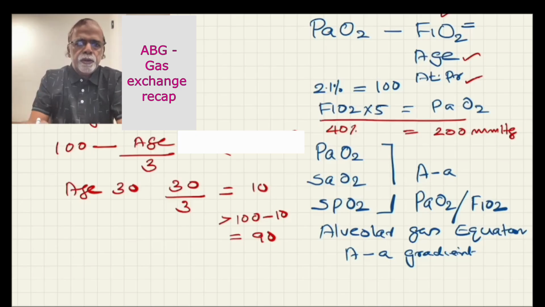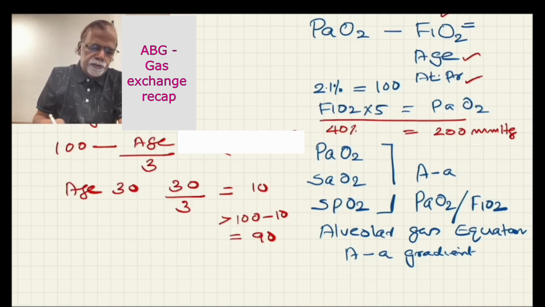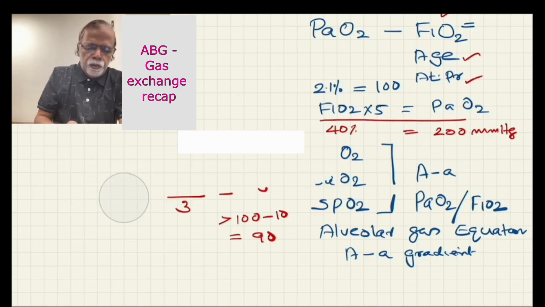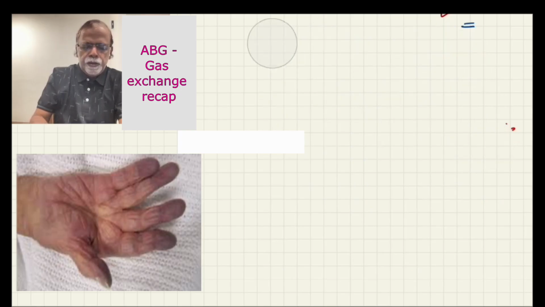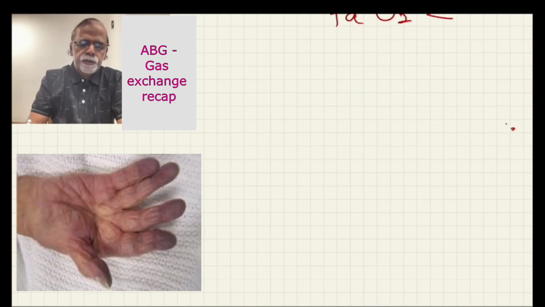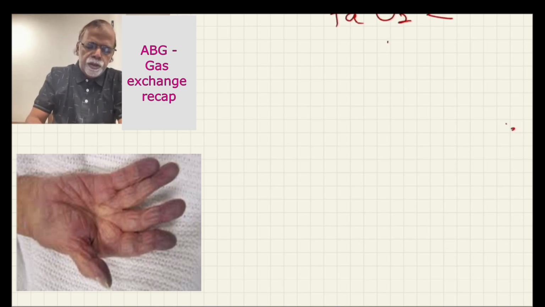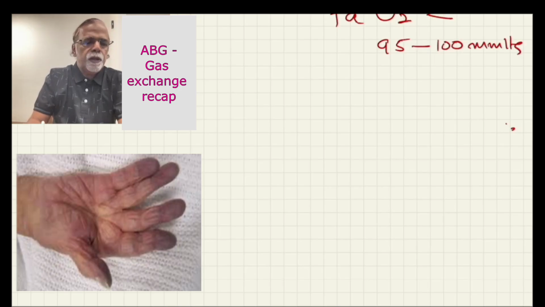Now think about what is hypoxemia. When the oxygen tension, that is arterial PaO₂, is decreased, we call it hypoxemia. Normal is usually 95 to 100 millimeters of mercury.